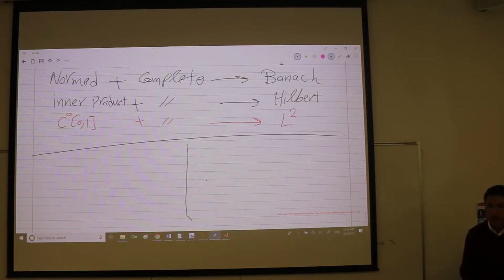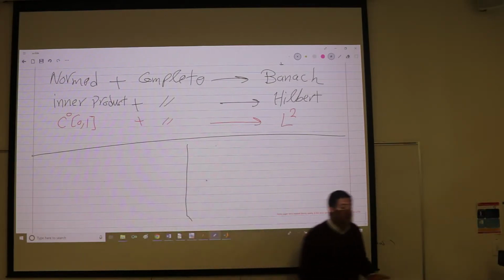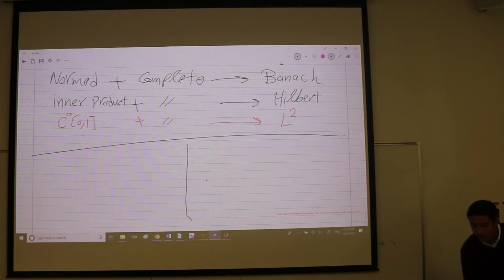Because again, I want you please to treat anything that satisfies this, that's a Hilbert space, like you're treating vectors. How do we treat vectors? And this is L2 functions, for example. It's functions. So it's much larger.